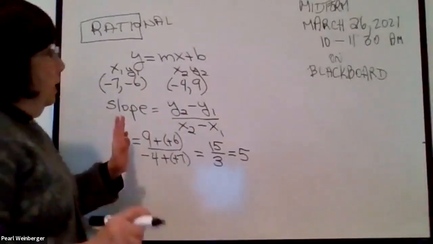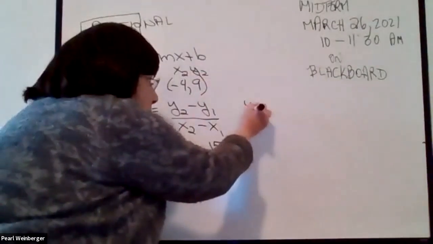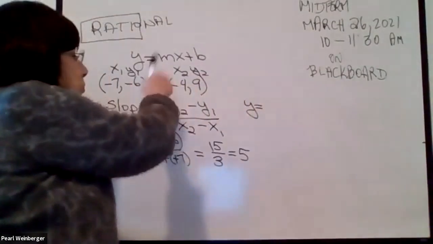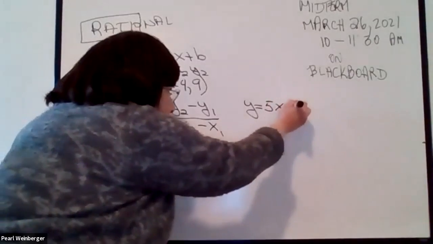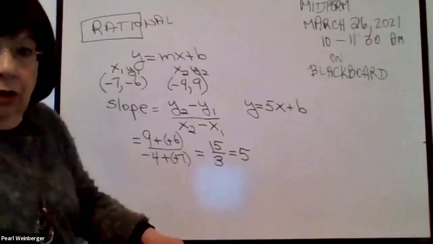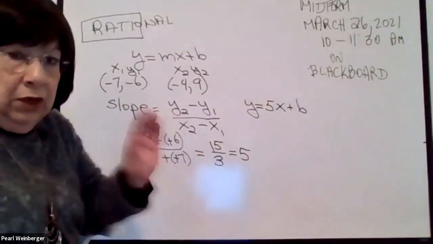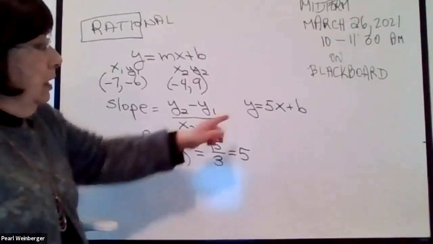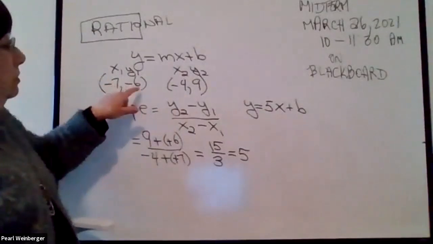We're halfway to our solution. Our equation has now become y equals 5x plus b. What we don't have is the b. Whenever we write the equation of a line, we work on the slope first. How am I going to figure out what the b is? That's where these points come in.